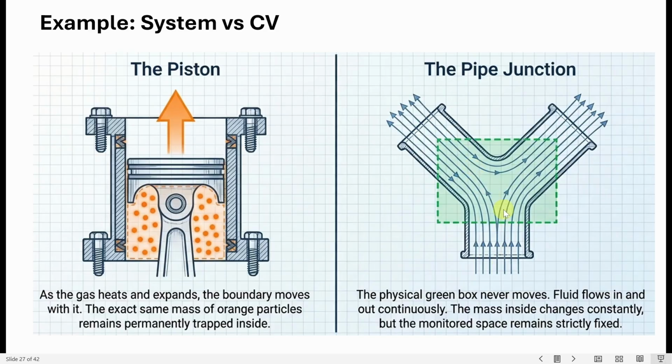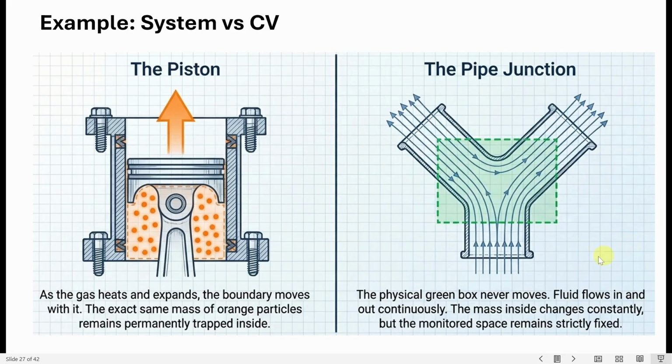So fluid can flow in and out of this green box, and we only care how it affects the area within this green box, and we do not care what happens to the fluid particles once they are out of the box and before they come into the box. So this is one case where it is preferable to use the control volume system.